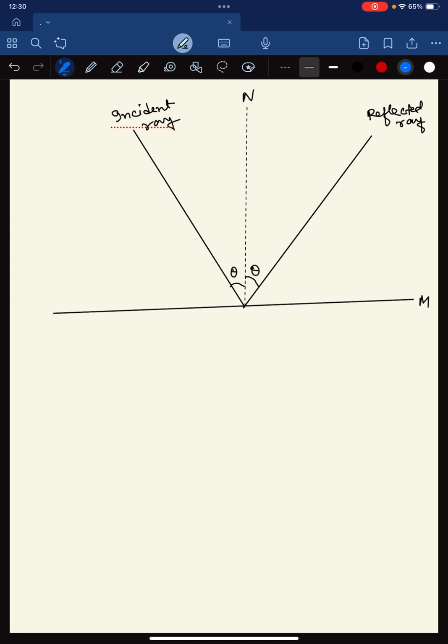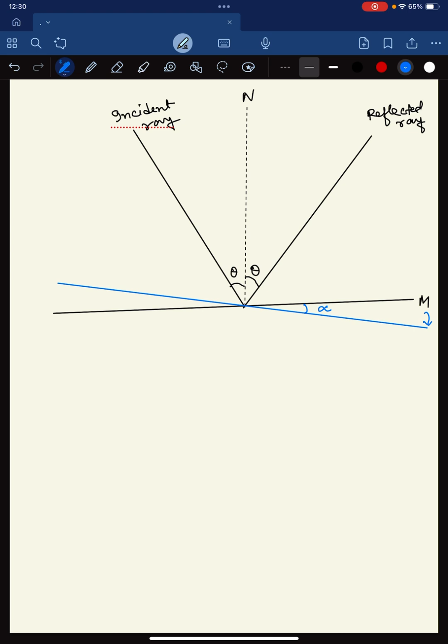Okay, now what I'm doing, I am taking another color to show the position of the mirror after it rotates. Let's say now the mirror is rotated through an angle alpha. The mirror is not here now, it is rotated and it came to the new position.